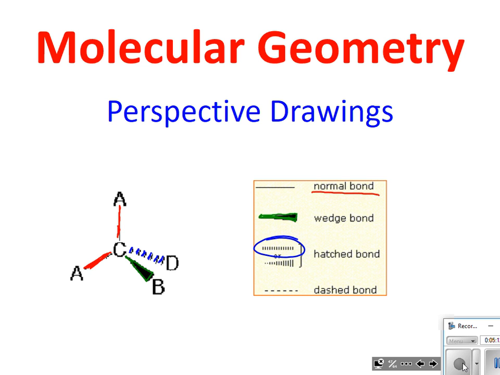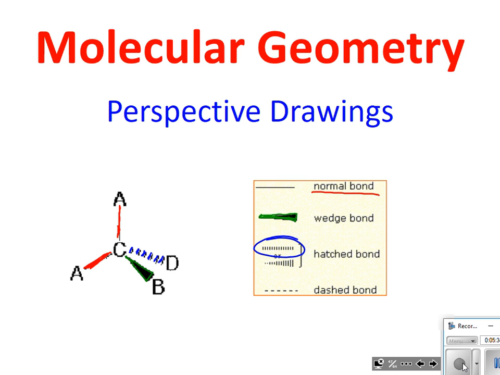So here are my two red bonds right here. They are on that plane. Now, can you see that one is in front of the plane and one is behind the plane? Can you see that? So, when I put it on the plane, I line up these three right on that plane.